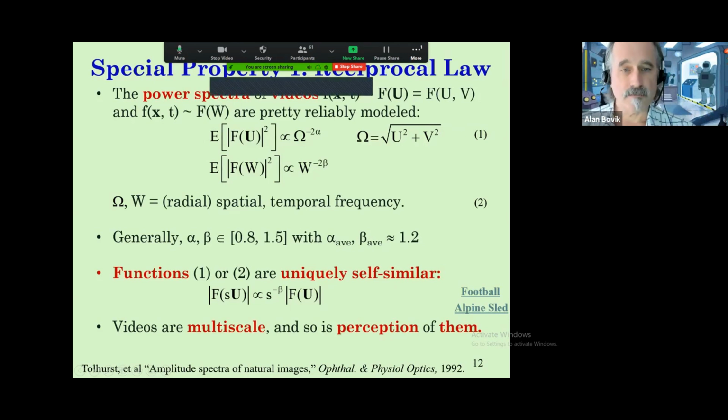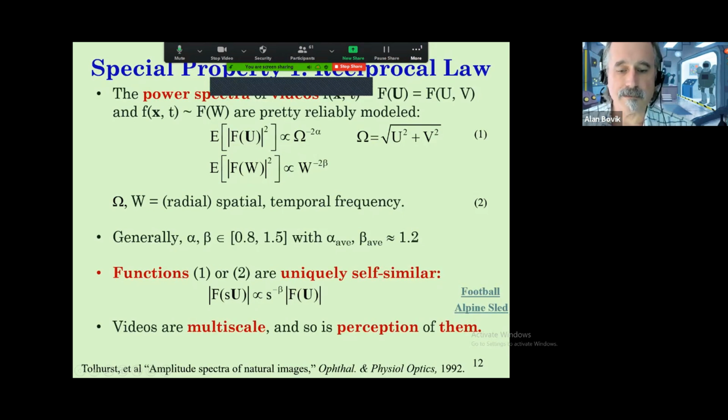And I'll show you some actual videos and their power spectrum, both in spatial frequency, but also in temporal frequency. W is temporal frequency. So if we take a Fourier transform just along the time dimension, we observe the same thing. Why is that? Why is often hard to answer regarding the statistics of videos. But this reciprocal law implies a self-similarity property.